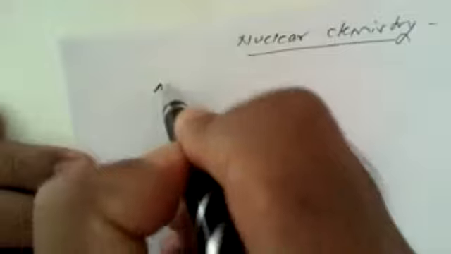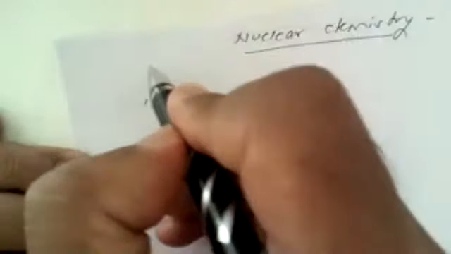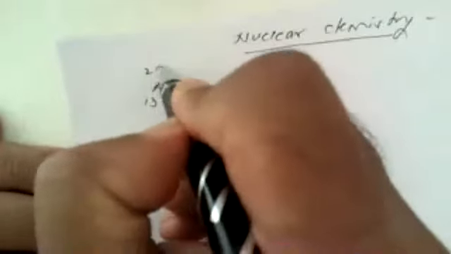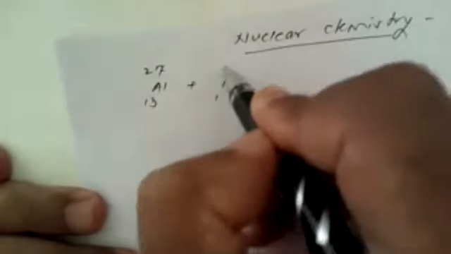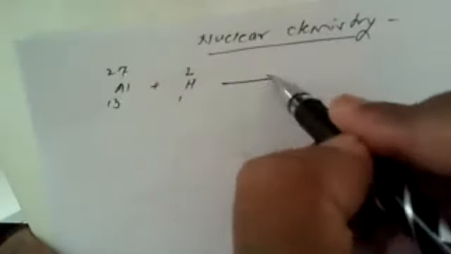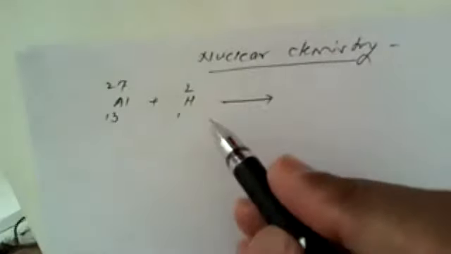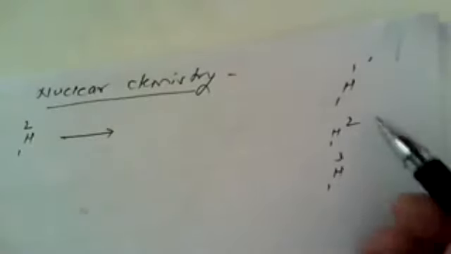Here, if we take the example of aluminum, atomic number 13, atomic mass 27, and it is bombarded with deuterium, hydrogen 1H2, first of all I would like to make you familiar with deuterium. As we know, there are three isotopes of hydrogen: 1H1, 1H2, and 1H3.